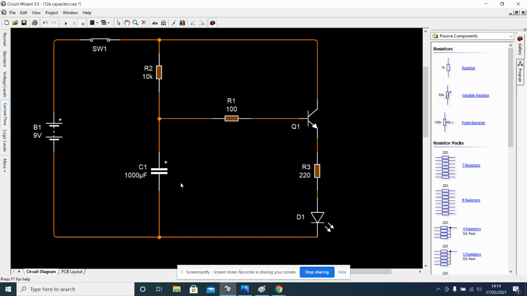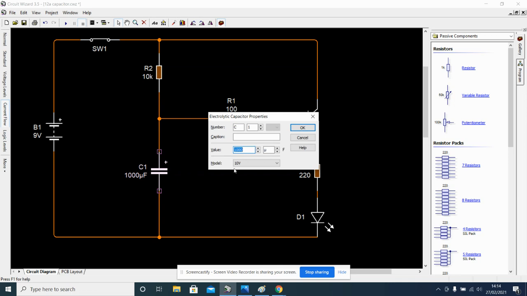When it gets to a certain level, then the voltage can flow down here towards the base of our transistor. And when the voltage at this point gets to a certain level that our transistor likes, it opens up like a switch and then allows the LED to come on here. Now, that took about 3 seconds.